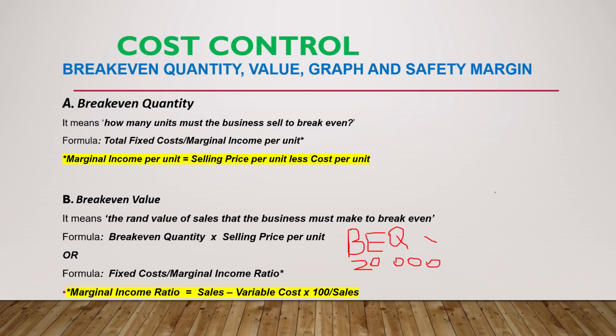Break-even quantity multiplied by selling price per unit. Please guys, when you write the formulas in the exam, you can write it this way if you want, but I prefer like these ones. Let's say selling price per unit is 20 rand 30 cents.